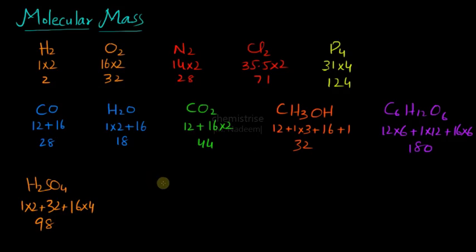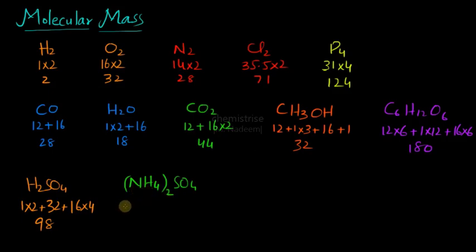Now let's see compounds with formulas like ammonium sulphate, NH4 twice SO4. Now, what does this 2 mean? This 2 is getting multiplied with both nitrogen and hydrogen. So actually we will have 2 nitrogens and 8 hydrogens in this case.